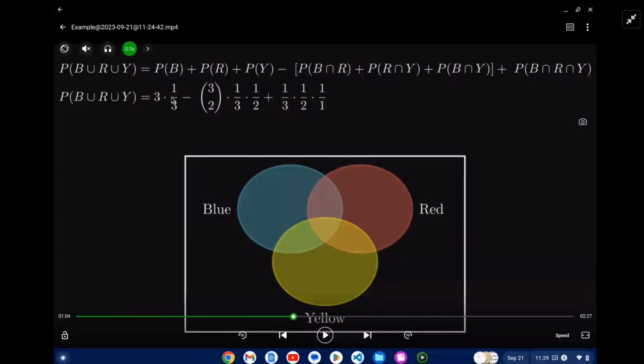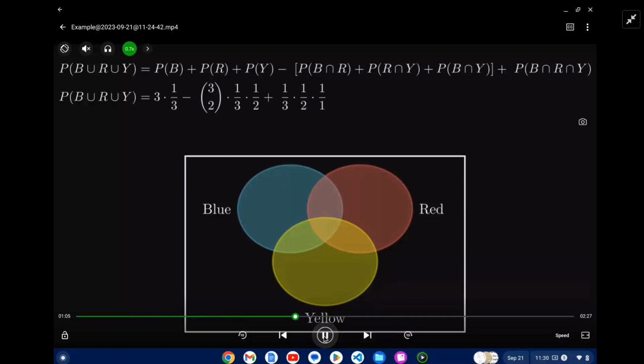Now for the intersection between 2 sets, we have 3 choose 2, these different combinations. The probability of the first throw is 1/3. Now 1 box is full, so the next throw is 1/2. That's the exclusion. And we need to add back in the probability that he gets all 3 right. There's only one way to do that, and the probabilities are like so.